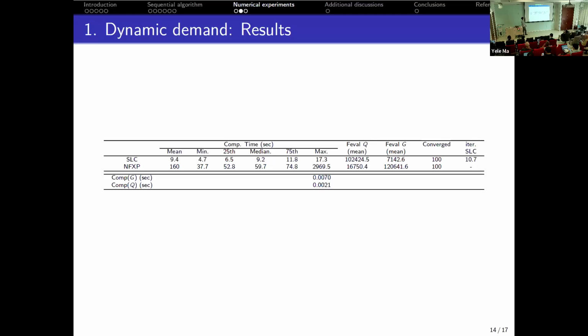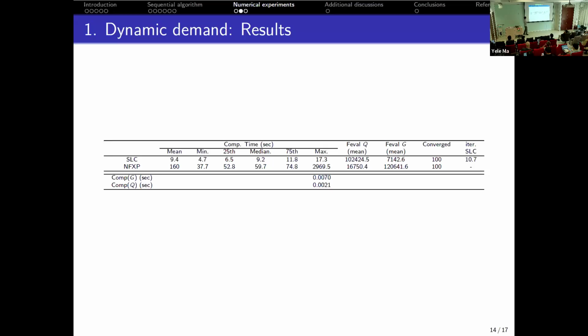So this is a result of the setting of dynamic demand. And here I compare the computational time of the SLC and the NFXP. As you may notice, the computational time of the SLC is much smaller than the NFXP.